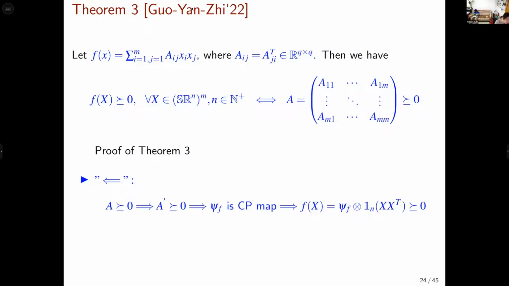A is positive semi-definite implies A prime is positive semi-definite. And because A prime is the Choi matrix of the linear map psi f, psi f is completely positive. Since every matrix x times x transpose is positive semi-definite, the evaluation f(x) is positive semi-definite.